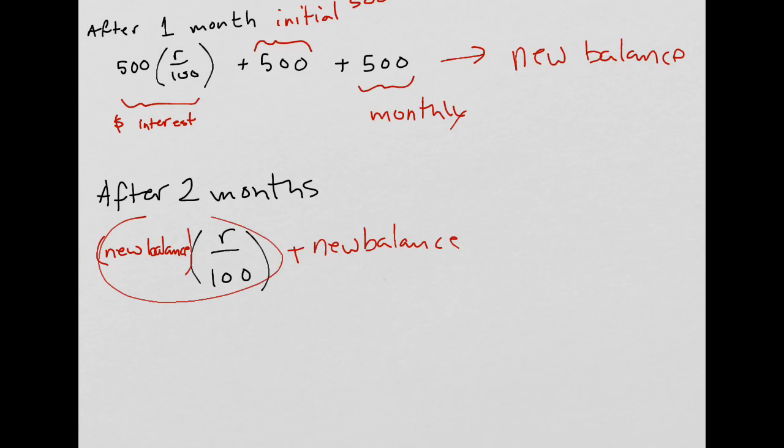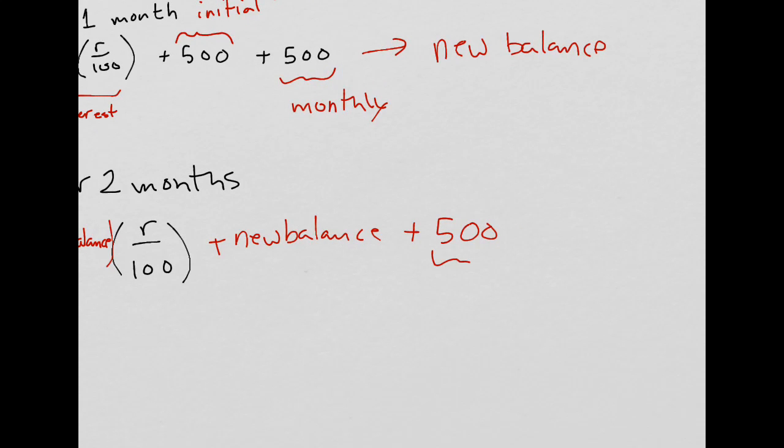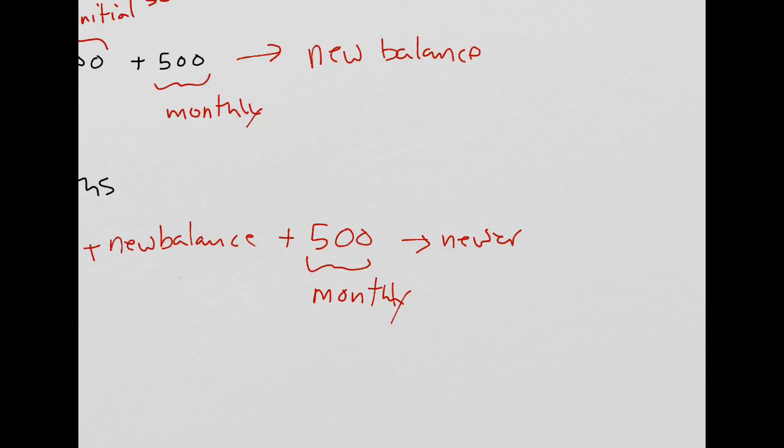This is the money interest from the new balance that I have, and then I'm adding back the old balance, so it's a little bit more than the regular balance. But then again, I'm also adding in a $500 monthly investment. So that's the monthly again.